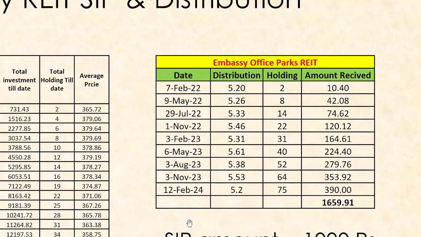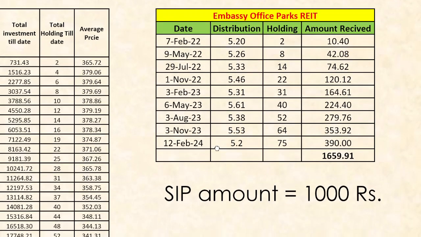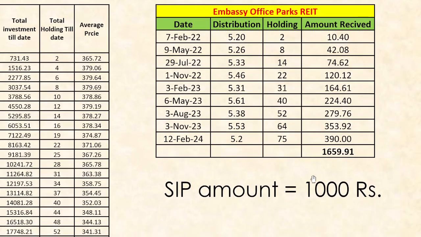So apart from the stock appreciation, you would have also received 1659.91 rupees of dividend. Okay, this is one way of investing where you regularly put money in a certain REIT or INVIT and then make long term profit.